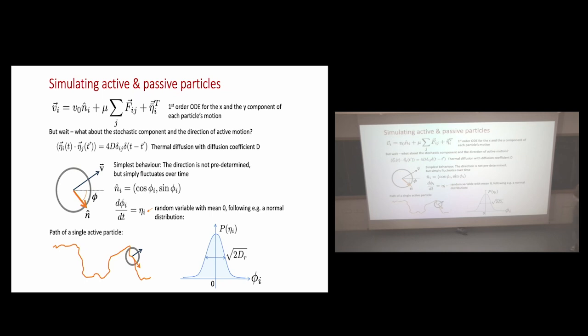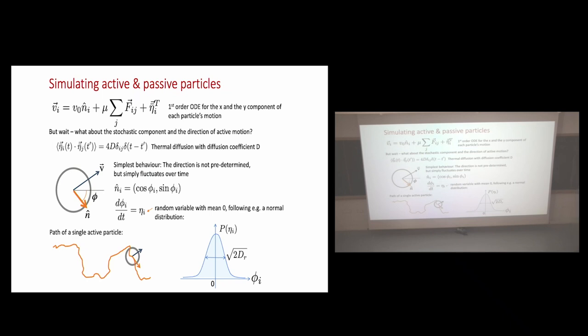Okay, so as you can see, this is a stochastic ODE. So if I want to simulate this, and I think this audience is probably the one where this is least necessary to explain, I need to integrate this properly using an integrator compatible with stochastic processes.